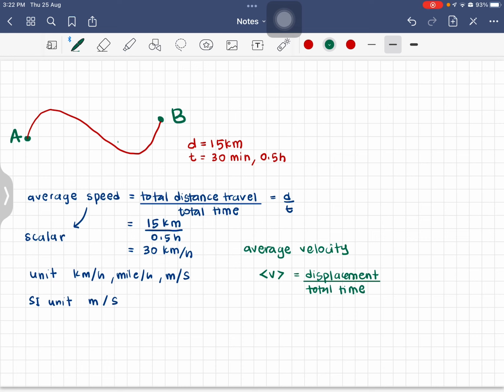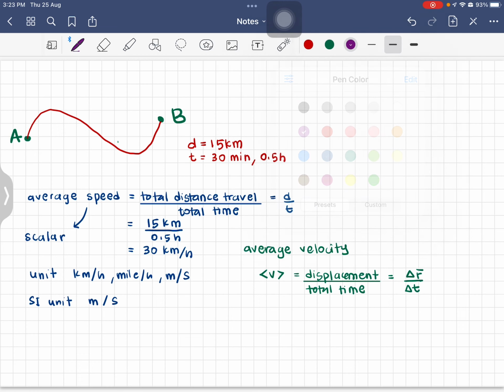Or we can say that displacement tadi kita dah tengok, displacement definition dia adalah change in position vector divide by delta time, ataupun change in time. Kita tengok kan, delta tu maksud dia change, okay, change in time.